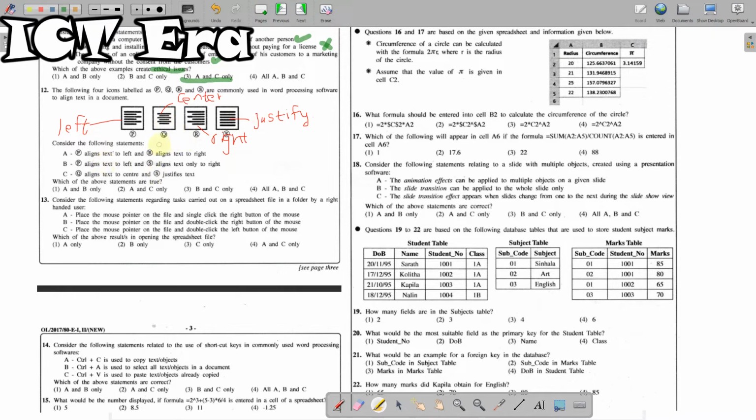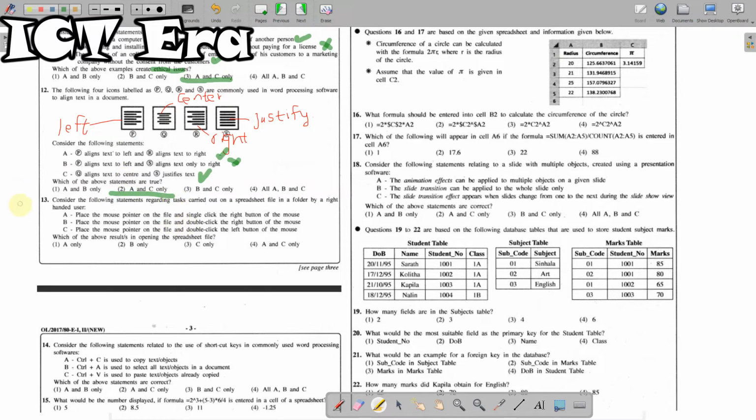Consider the following statements. Which of the above statements are true? P aligns text to left, yes, and R aligns text to right, yes. Answer is correct. P aligns text to left, yes, and S aligns text only to right. No, it's for justify. So wrong. Q aligns text to center, yes, and S justifies text, yes. So A and C only.